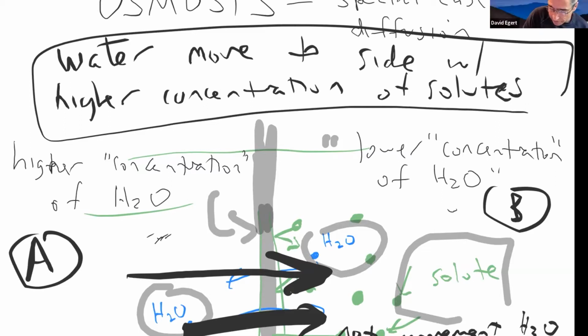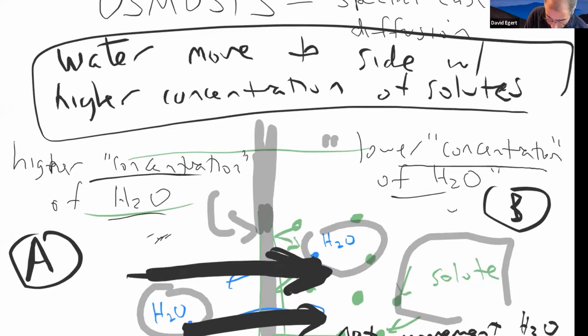Right, so I'm saying there's two ways to think about this. You can think about the concentration of water, which is kind of wonky, but will result in the water moving, which is what's happening.